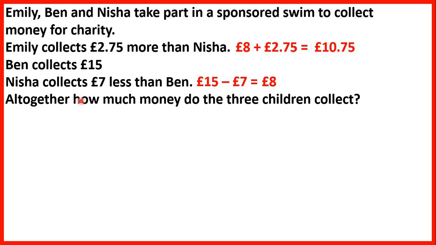Now we want to know altogether how much they collect, so we need to add £10.75, £15 and £8. So we could use column addition, but we'll get the answer £33.75, because 10 plus 15 plus 8 is 33, and then we need to remember that we have 75p as well.